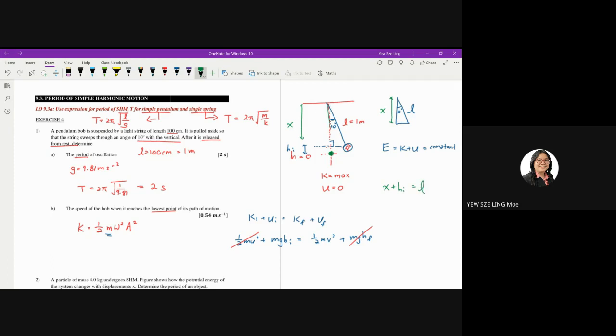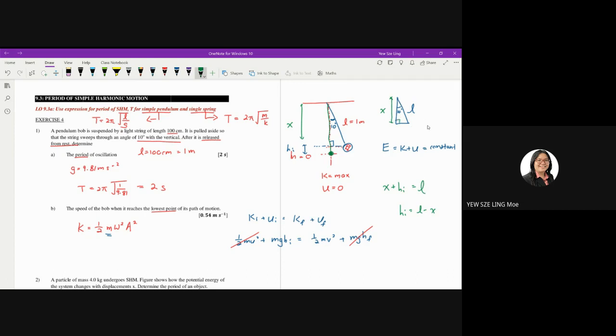So h initial is equal to L minus X. We need to determine X from the right angle triangle.